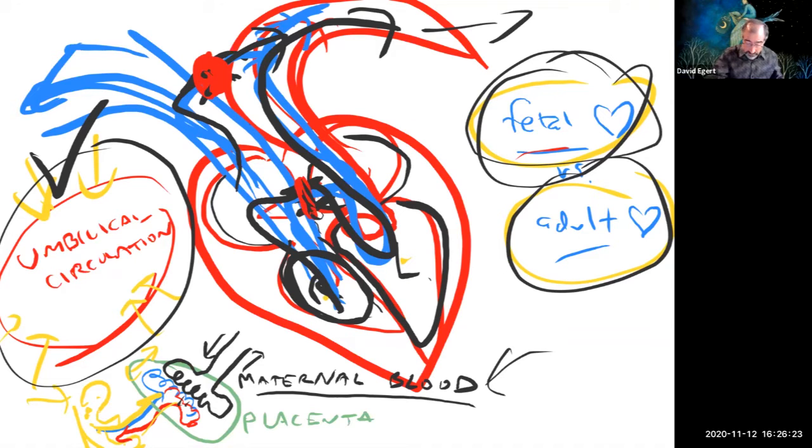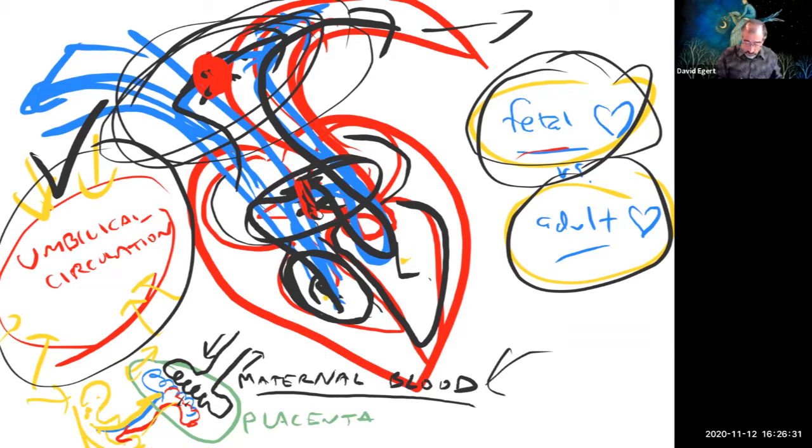We're bypassing pulmonary circuit by having these shunts like this ductus arteriosus, the foramen ovale. And again, we're also bypassing the hepatic circulation as well, since we don't need to process all these nutrients because we're getting them pre-processed from mom. So anyway, I just wanted to put that in there for completeness before we leave the heart behind.